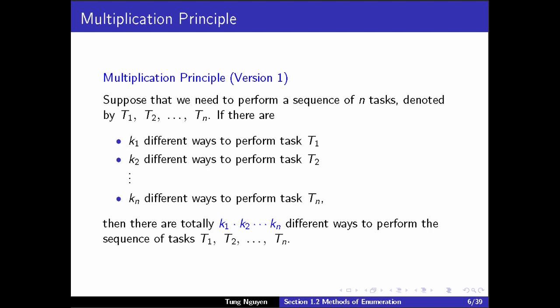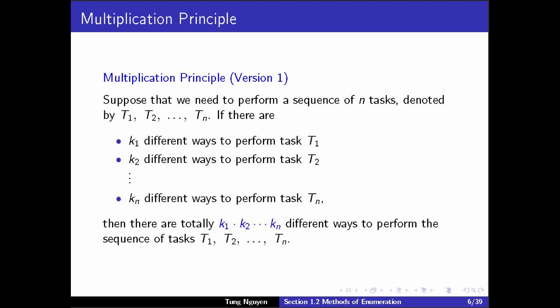Then the multiplication principle says that there are in total k1 times k2 times k3 all the way to kn, all multiplied together, different ways to perform the sequence of tasks T1, T2, all the way to Tn.